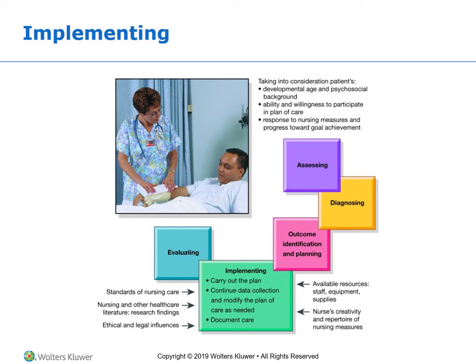Also, do we have the available resources, the staff, the equipment, the supplies to carry out this plan of care? And do we have creativity and repertoire of the nursing measures that we want the other nurses to make sure that they carry out when we're not present?